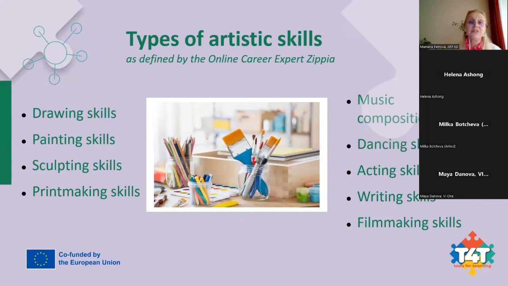But actually, according to the online career expert Zippia, part of the artistic skills are also music composition skills. Here they include singing, but also playing different instruments or even clapping, anything related to music. Also, dancing skills are considered artistic skills, as are acting skills, writing skills, and filmmaking skills.